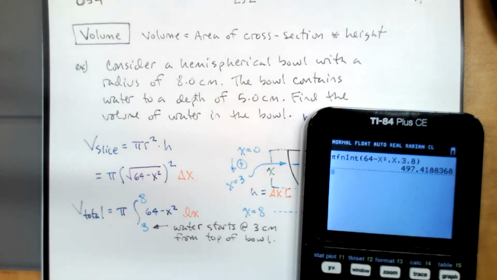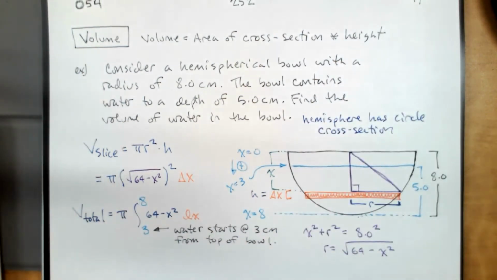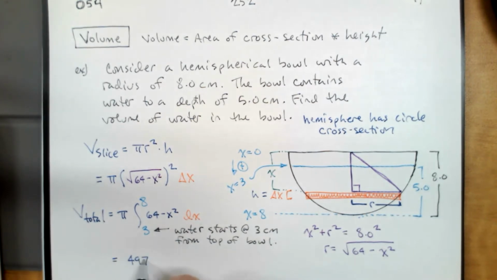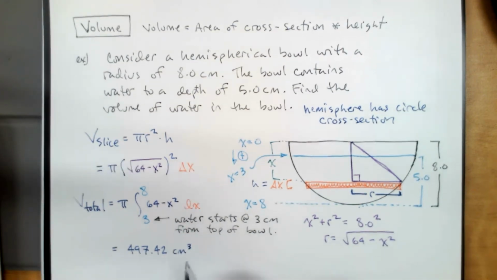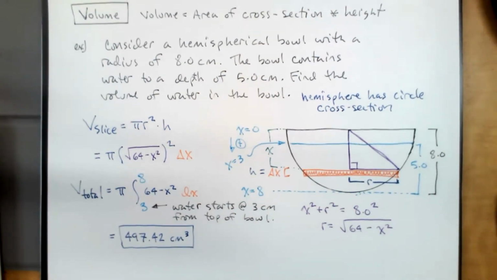So it looks like we have 497.42 cubic centimeters of water. I didn't state it at the beginning of this problem because it's too much to write.